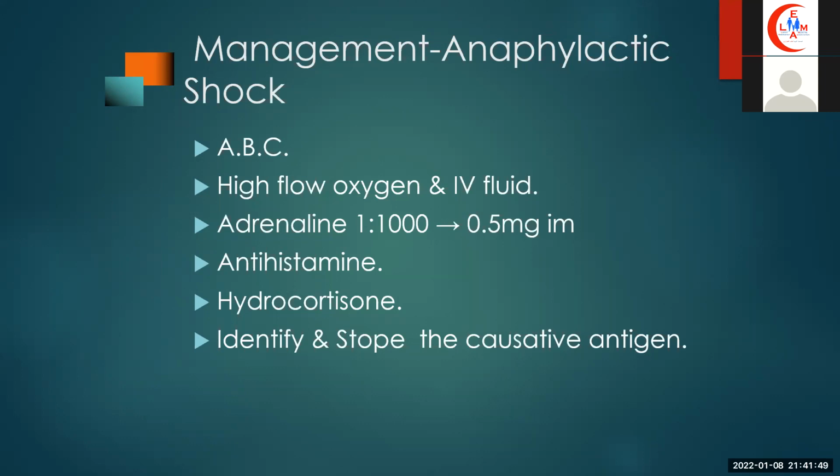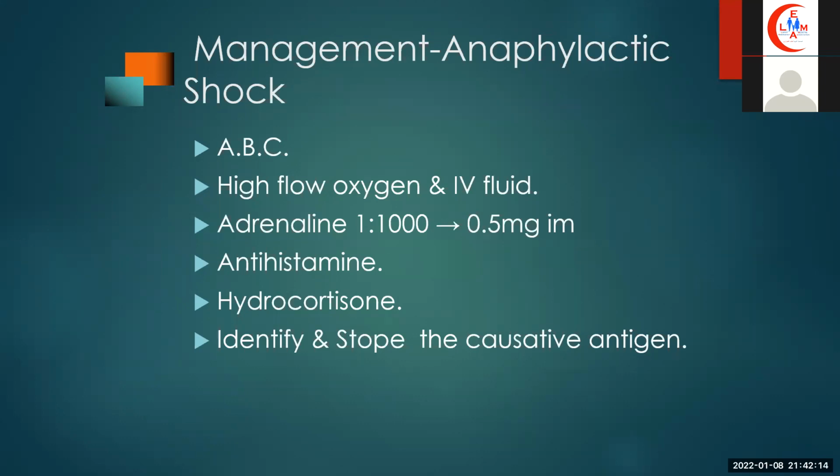You might end up doing cricothyroidotomy. So it's very important to make sure the airway is patent, and if you think there might be an obstruction, you have to think about intubating those patients as early as possible. High flow oxygen, IV fluid.